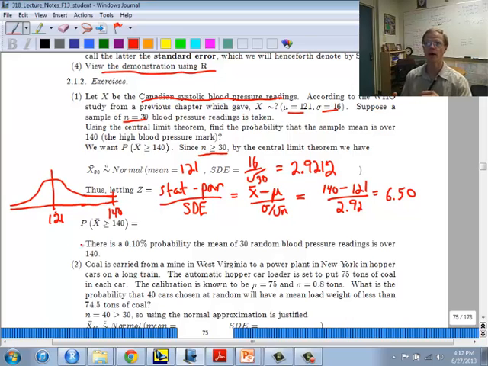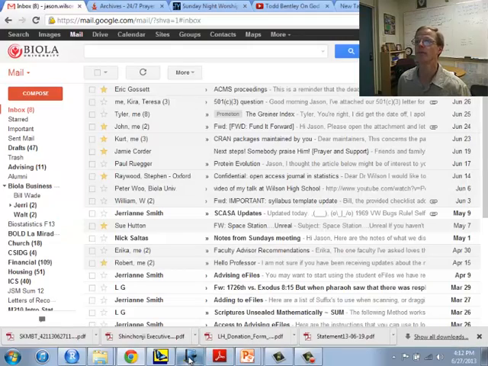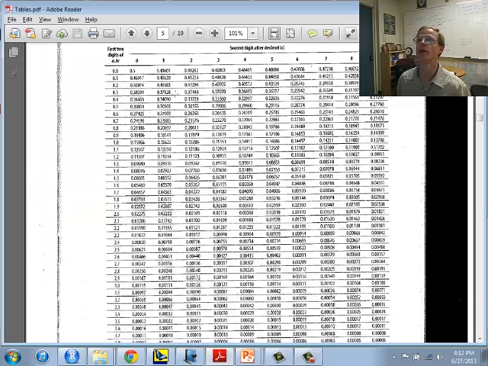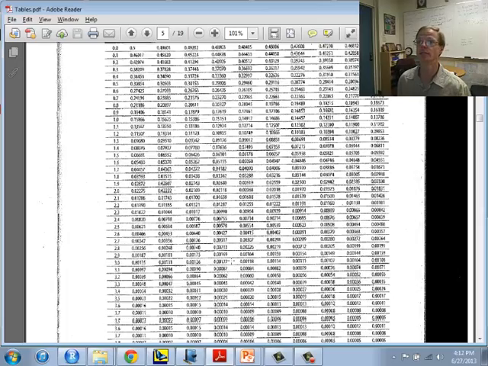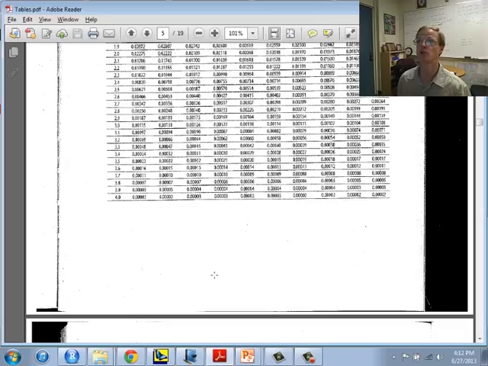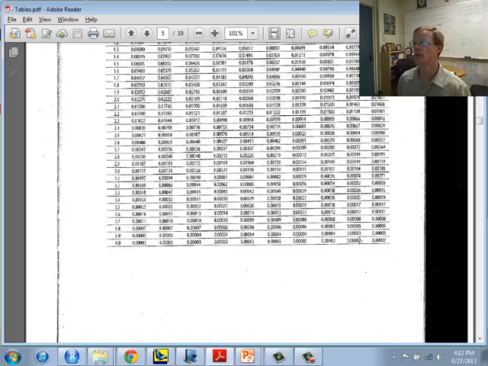It's way out here on the far right. 6.5. We know that that's almost nothing. And if we go to the table to confirm, we're going to see 6.5 is off the chart. So we will use 0.00001 for values past 4.